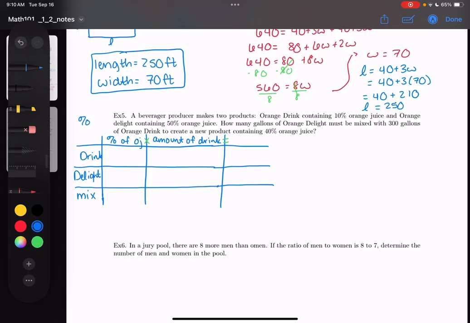If you multiply the percentage of something by the amount that's actually in the drink, we'll get the amount of the orange juice. Because if it's, let's say, 10% orange juice and I do 10 gallons, then 10% times the 10 gallons is 1 gallon of orange juice.